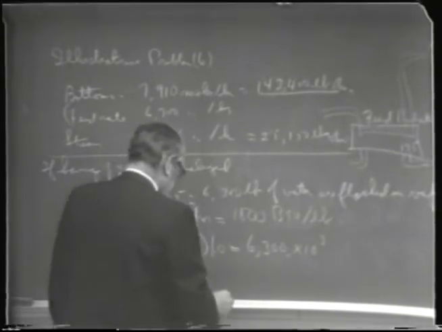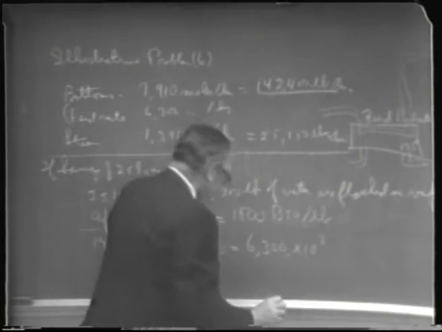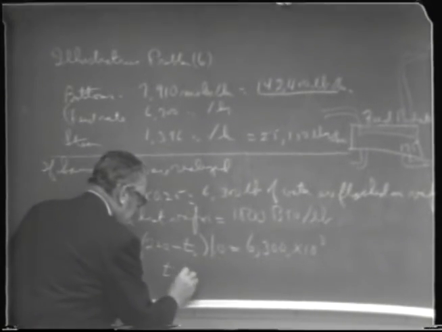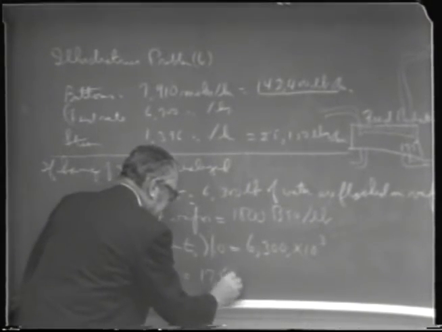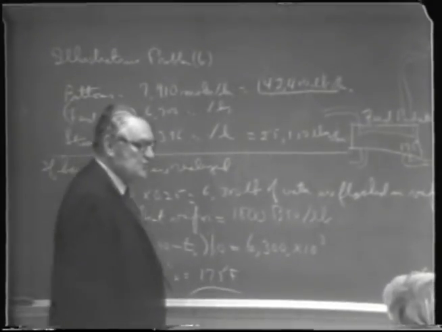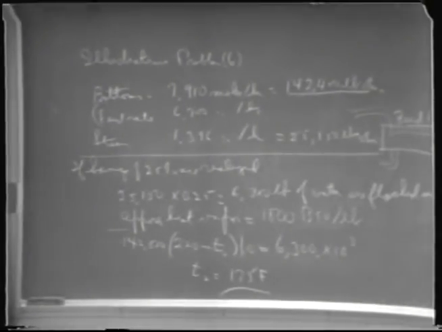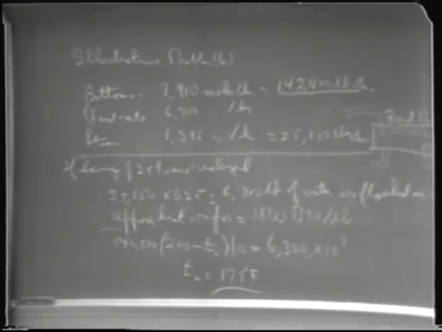If you solve here for T2, it comes out to be about 175 degrees Fahrenheit. So in other words, the claim of 25% savings seems realistic.